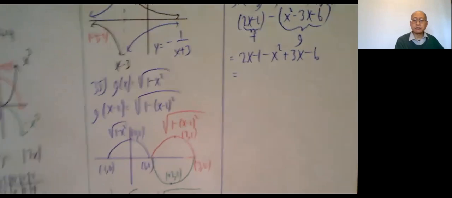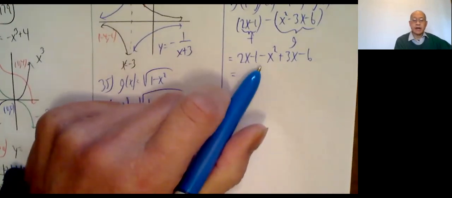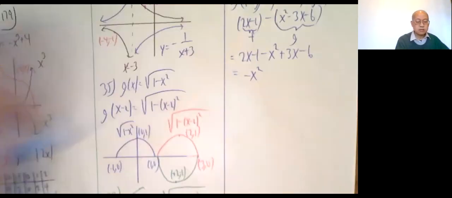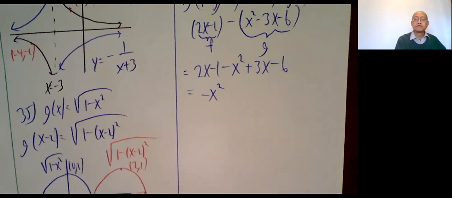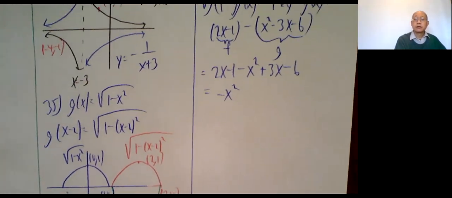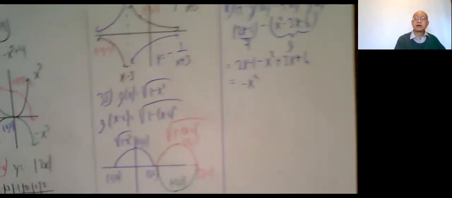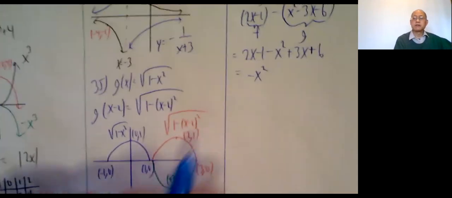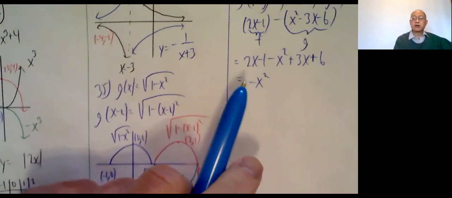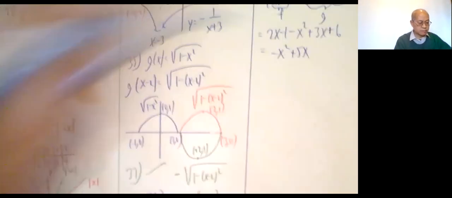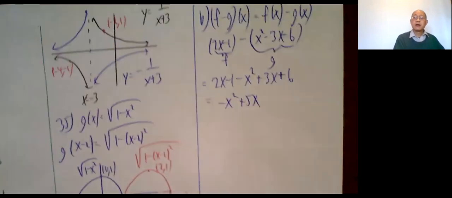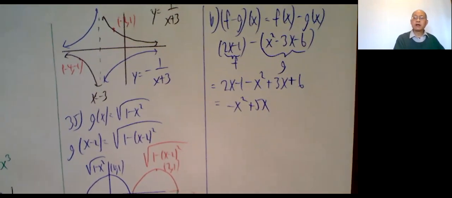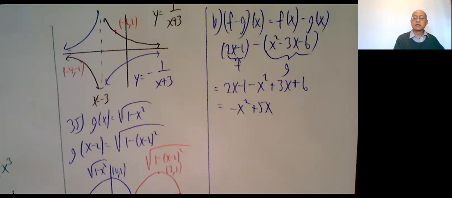Would that be a plus 6? It should be a plus 6. You're right, thank you. I said to distribute, but I didn't do it. Now I combine like terms as usual. So negative x squared. And then 2x plus 3x is 5x. And then negative 1 plus 6 is a plus 5.